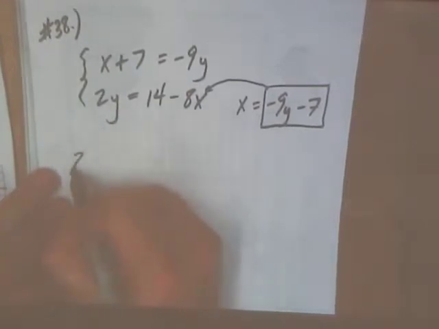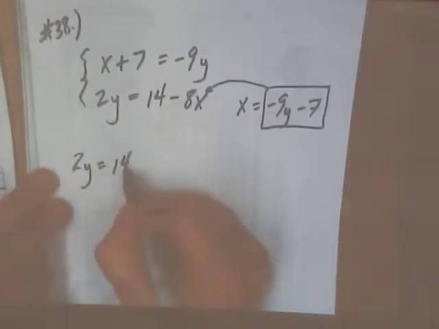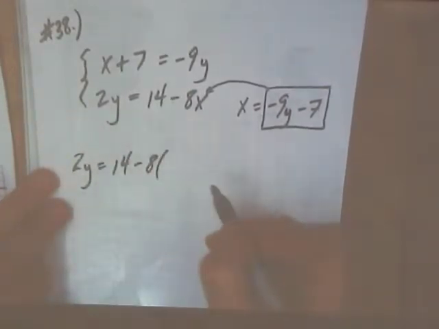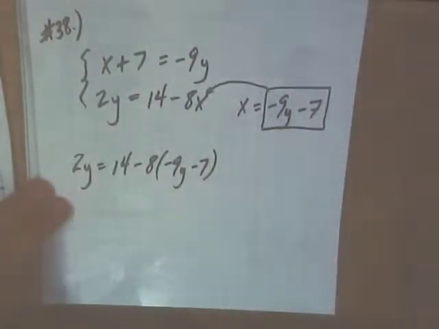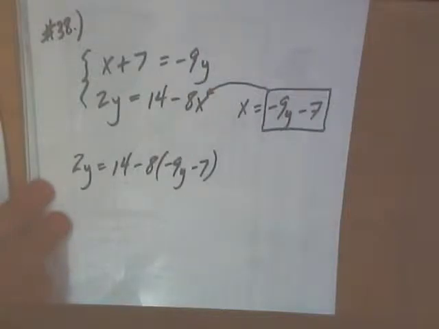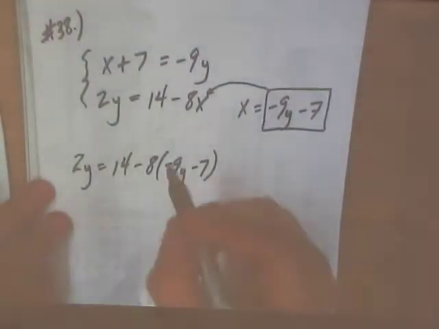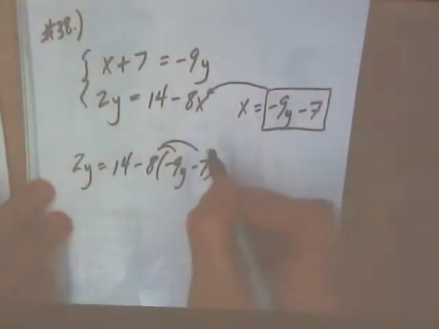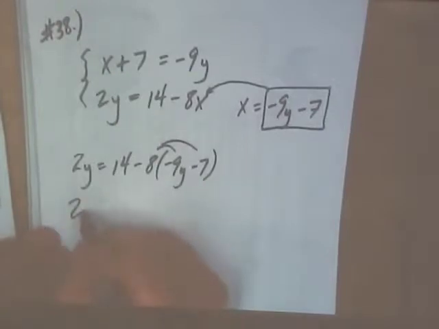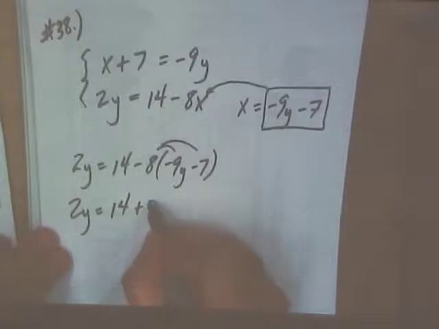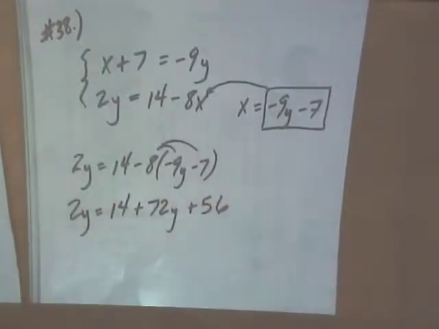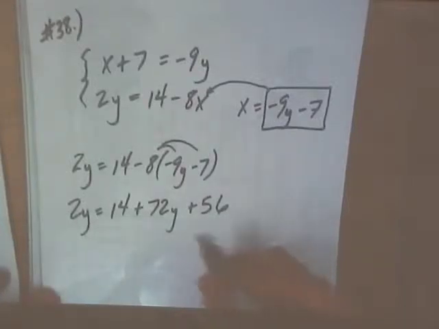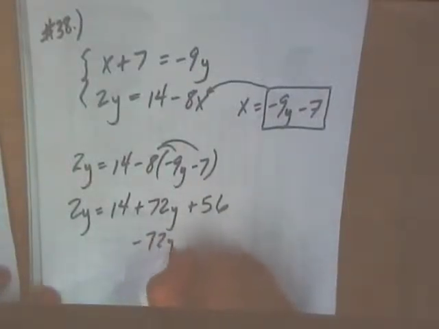So that gives me 2y is equal to 14 minus 8 times a negative 9y minus 7. Now we'll just solve for y. What do we do first, Jay? Distribute. Plus 72y plus 56 minus 72y.